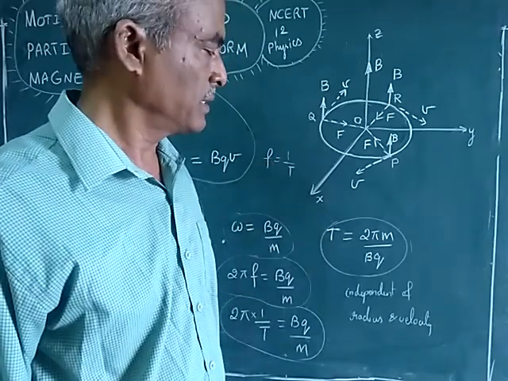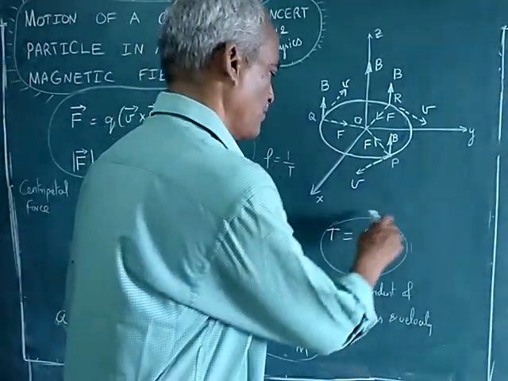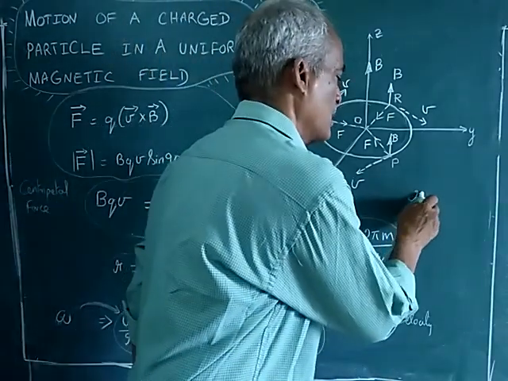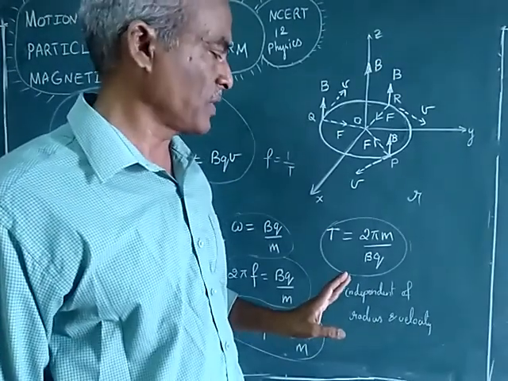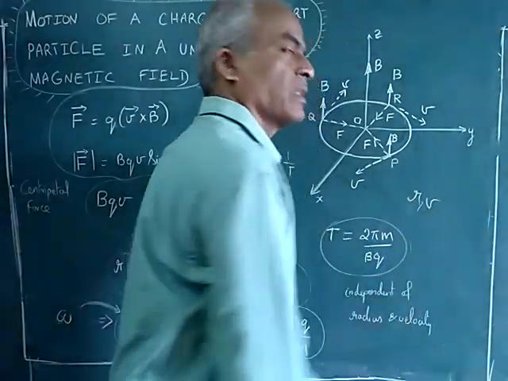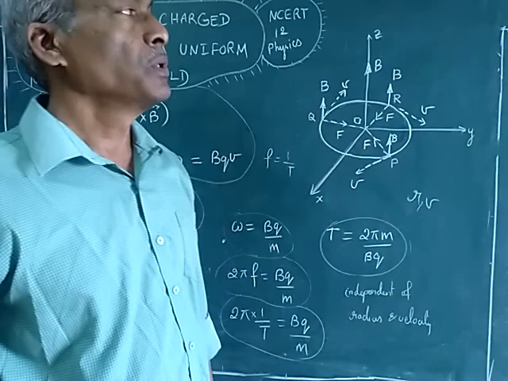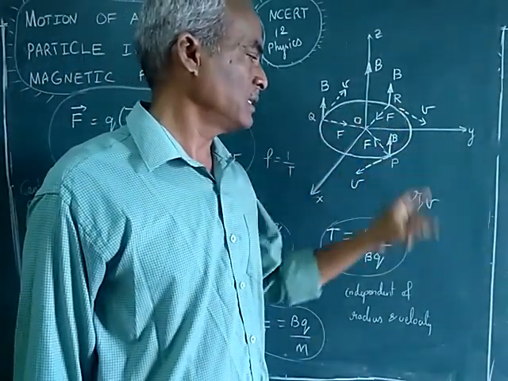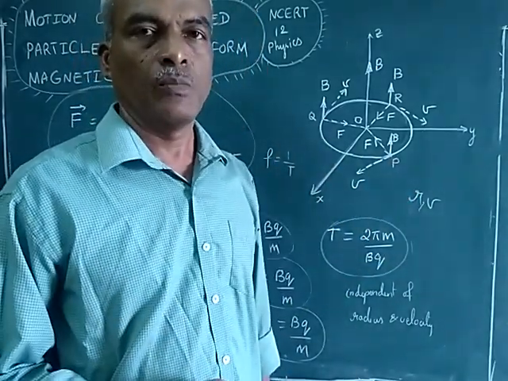That is one point. Second point, it is independent of radius and velocity. If you see the final equation, you don't see any term r. There is no r, it is totally independent of r. And you don't see velocity also. So this time, 2 pi m divided by Bq, is totally independent of the radius of this circle and the velocity of the moving charge.